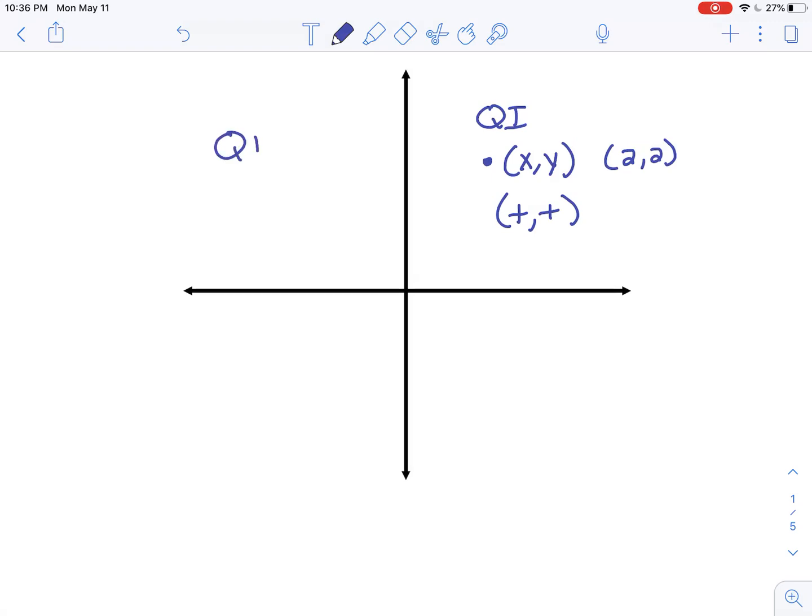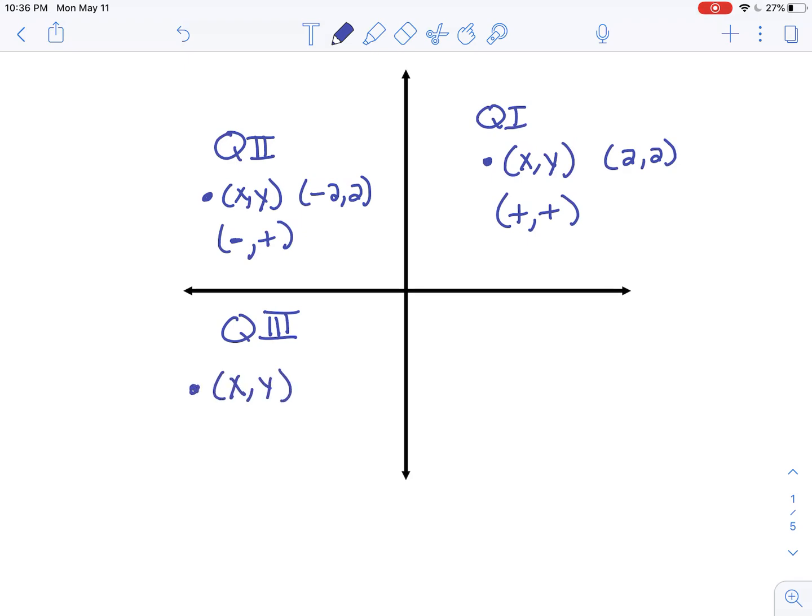In quadrant 2, if I have a point x, y, I'm moving in the negative direction for my x and the positive for the y. So for example, the point negative 2, 2. If I'm in quadrant 3 and I have a point in the third quadrant, my x is negative and my y is negative.